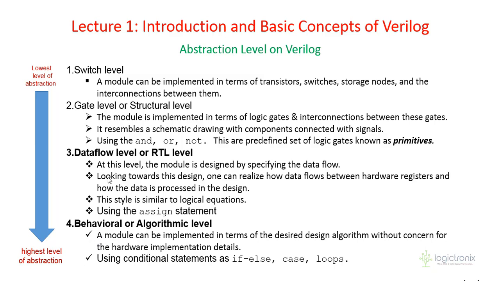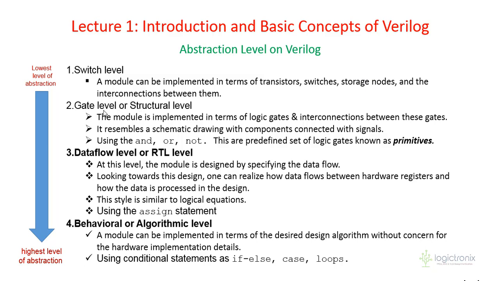So if the abstraction level is higher, we don't need to know much about the hardware level. Just the top level information is sufficient. If we talk about the lowest level of abstraction, then we need to know more about the hardware level. That means in the lowest abstraction, we need to know about transistors, switches, storage nodes, even interconnections.